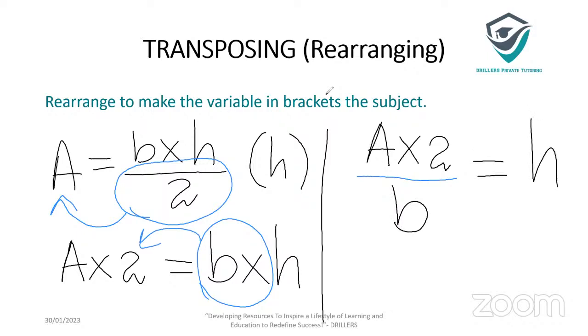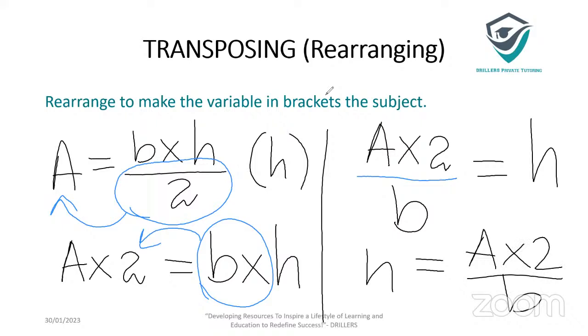So if I want to rewrite this to make it look neat, we can just more or less flip it and put h is equal to a multiplied by 2 divided by b. So if you stop at this point, you'll still be correct.